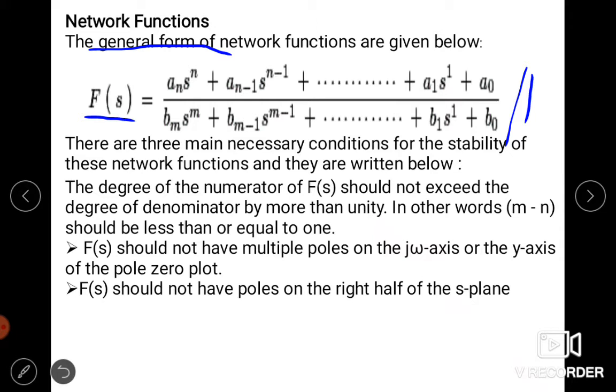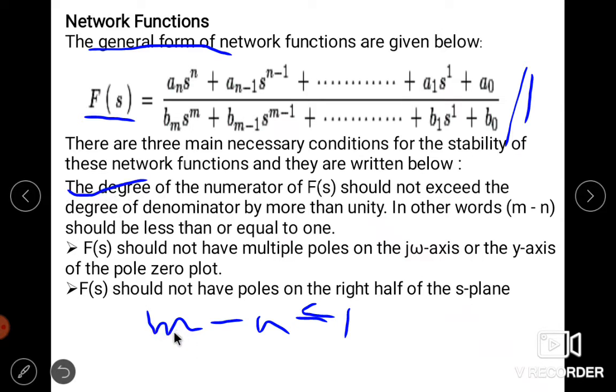In other words, m minus n should be less than or equal to 1. What is m and what is n? I have described here m minus n should be less than or equal to 1. So this is the first condition.